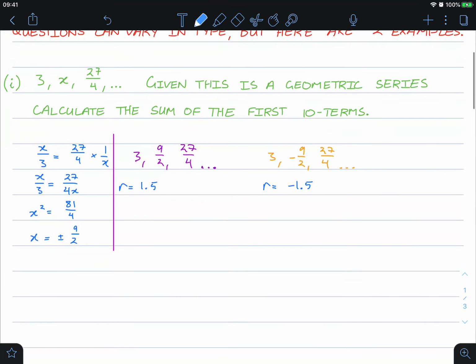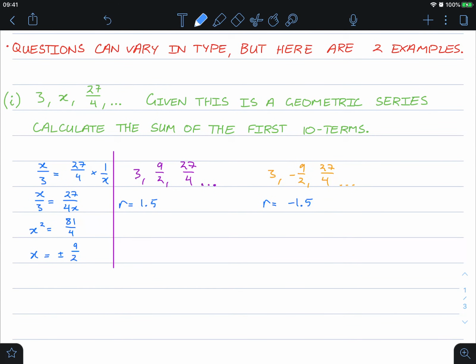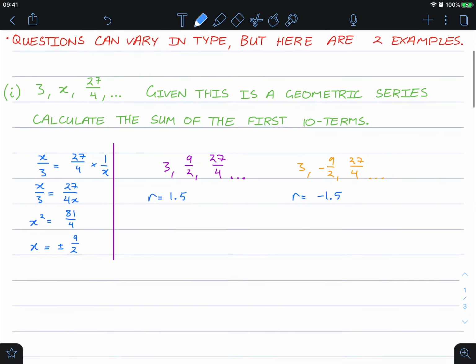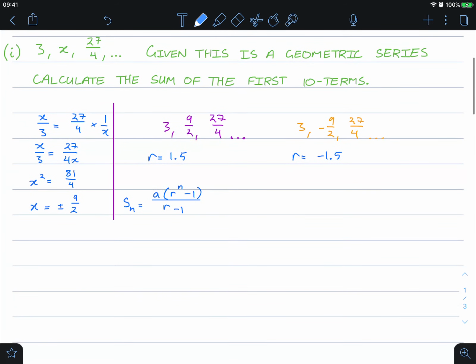So there's actually two sets of answers that we might encounter here. Well, now we can just merely apply both answers to the sum of a geometric series. I hope you remember it. It's S of n equals a, r to the power of n minus 1, all over r minus 1.